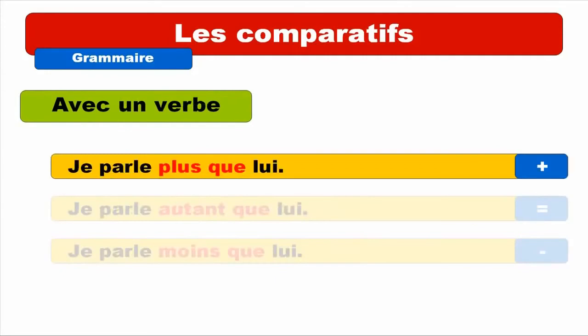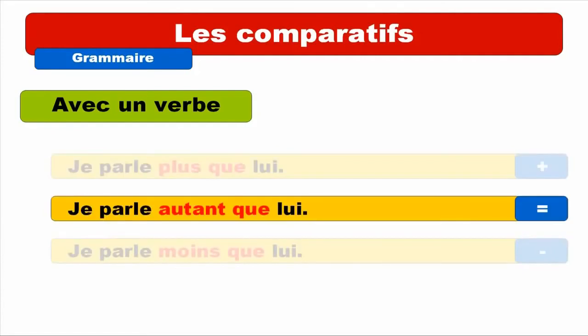And then the last category, if you're using a verb, so avec un verbe. First possibility, je parle plus que lui. Je parle autant que lui.